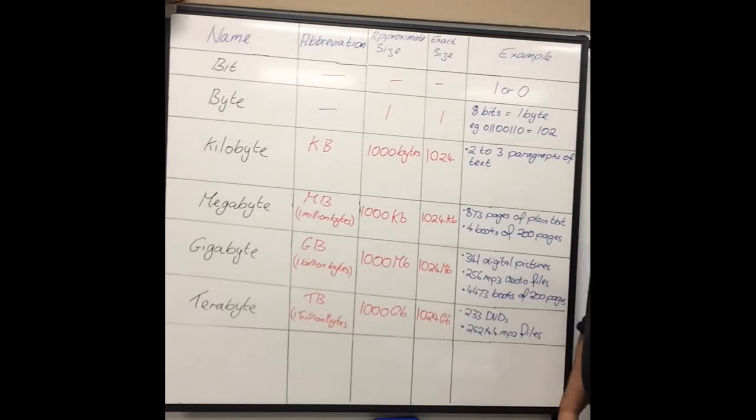But essentially a byte is going to be a 1, a kilobyte is 1,000 bytes, and that's a rough estimate. More precisely, it's 1,024. And what can a kilobyte hold? Well, it can hold about 2 or 3 paragraphs of plain text.